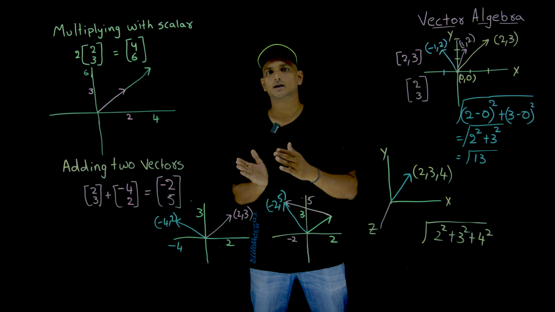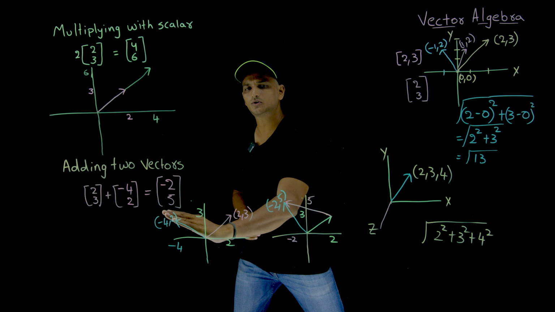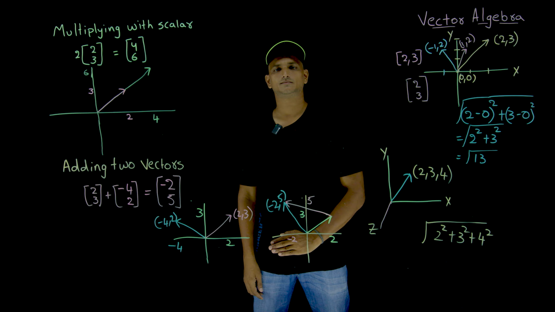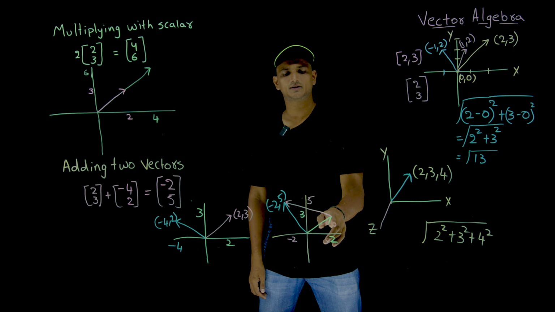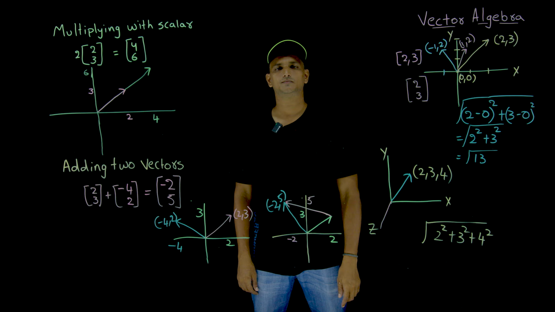If you add it, see graphically, (2, 3) and this (-4, 2) move in this way, to the end of the first vector. Means (-4, 2), if you move it to the end of the first vector, see here, (2, 3), (-4, 2).